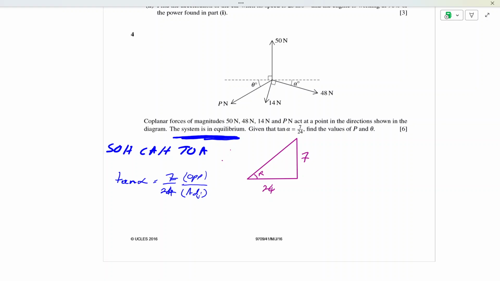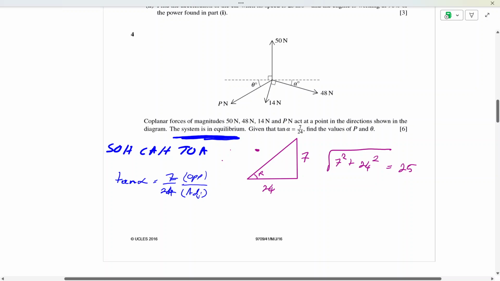Then we can use the Pythagoras theorem to find this hypotenuse here, which is the square root of 7 squared plus 24 squared. We're going to get 25. Right. So we can write the 25 on the triangle.